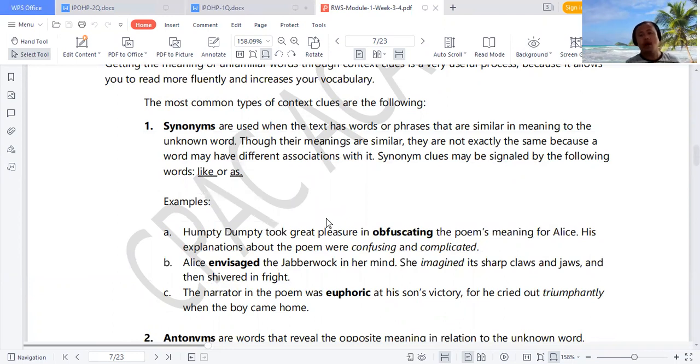Synonym clues may be signaled by the following words like, or, as. Examples. Number one, Humpty Dumpty took great pleasure in obfuscating the poem's meaning for Alice. His explanations about the poem were confusing and complicated.